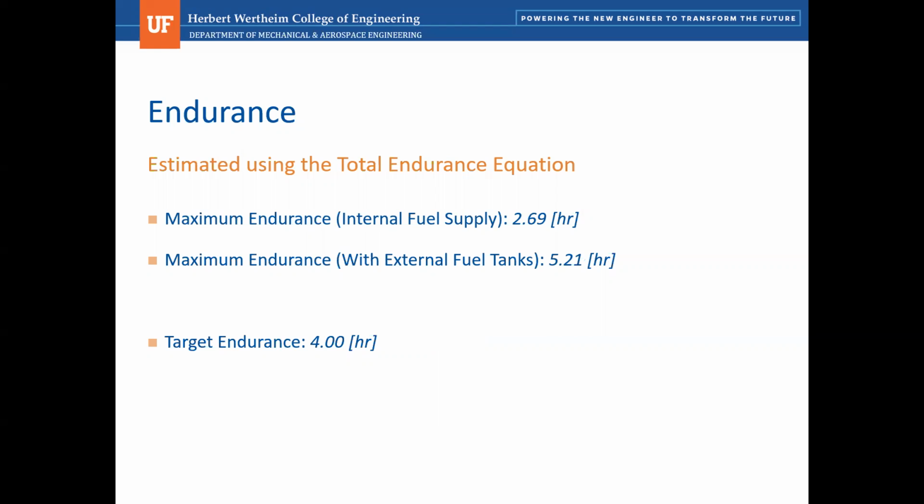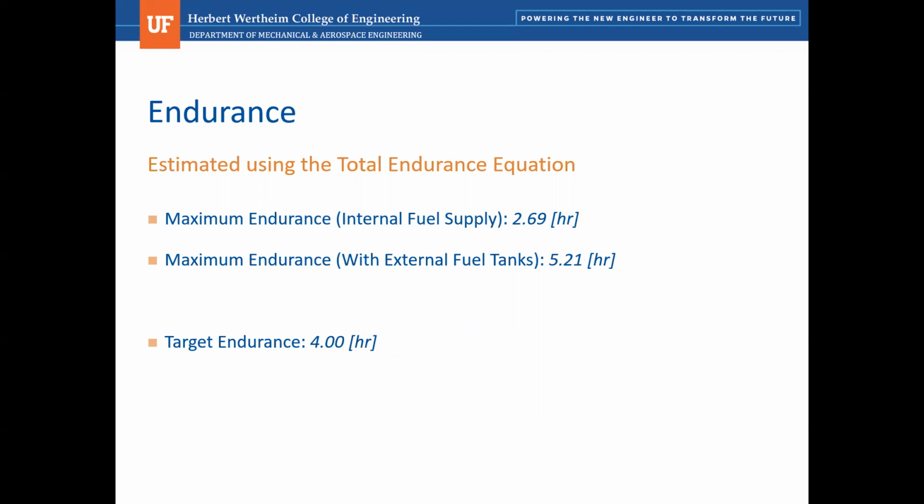So the endurance of our aircraft was calculated using the total endurance equation, also known as the instantaneous endurance. And this is very similar to the Breguet range equation, except that it does not use velocity as part of the calculation. So calculating it with just our internal fuel supply, we found that our maximum endurance would be 2.69 hours.